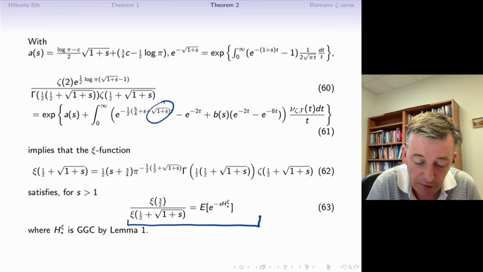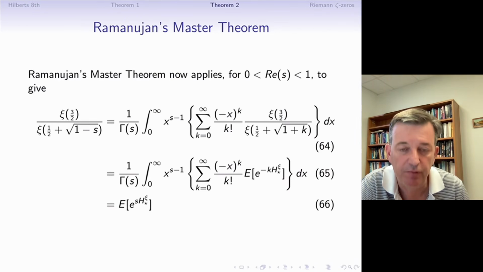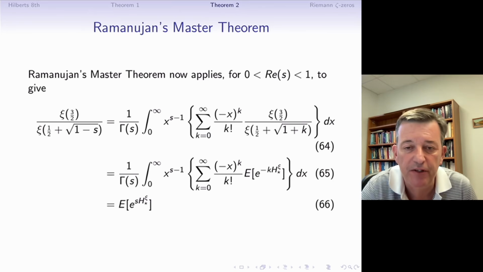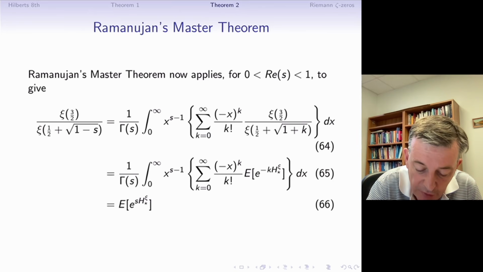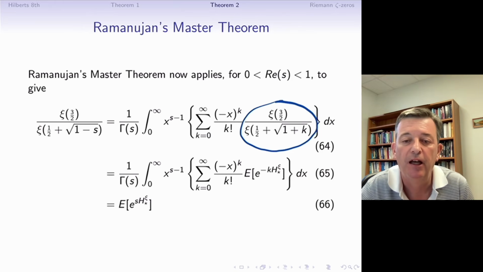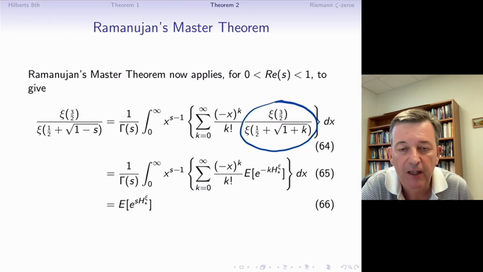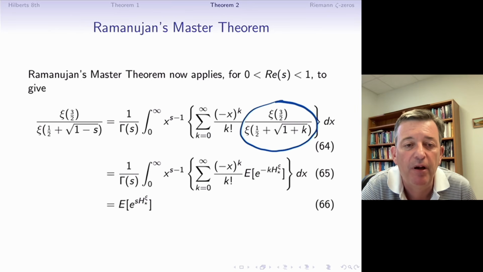Now, why is that useful? So let's remind ourselves of Ramanujan's master theorem. The previous result is useful for essentially calculating the coefficients that come into the expansion on the right-hand side to calculate the Mellin transform in Ramanujan's master theorem. And remember that Chowdhury and Kadir have shown regularity conditions for the master theorem to hold true.